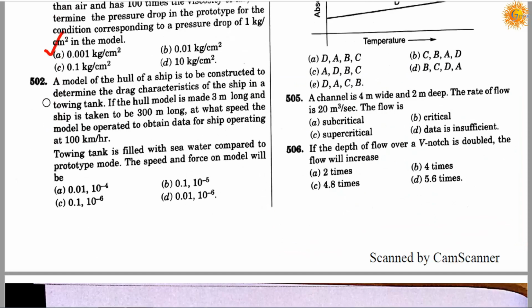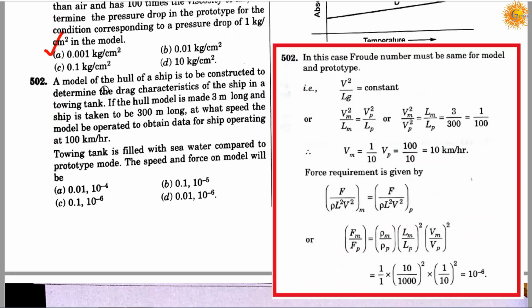Question number 502. A model of the hull of a ship is to be constructed to determine the drag characteristics of the ship in a towing tank.